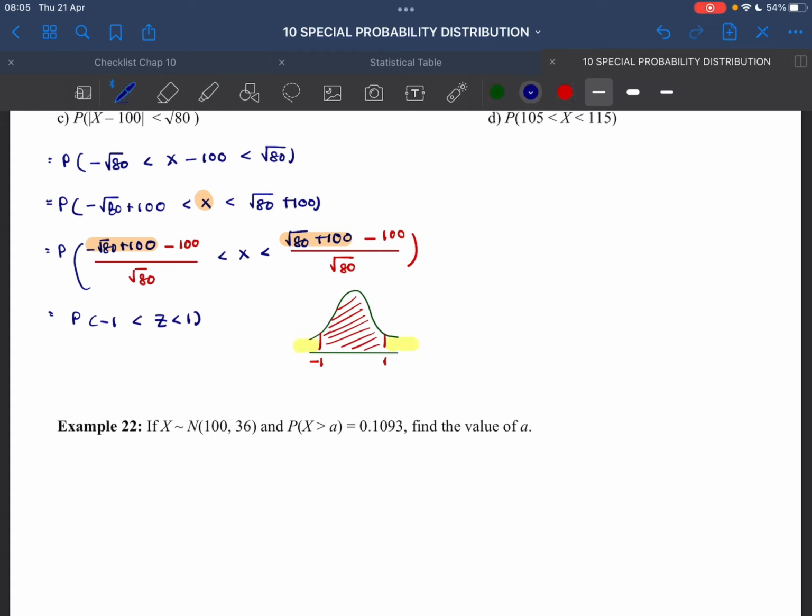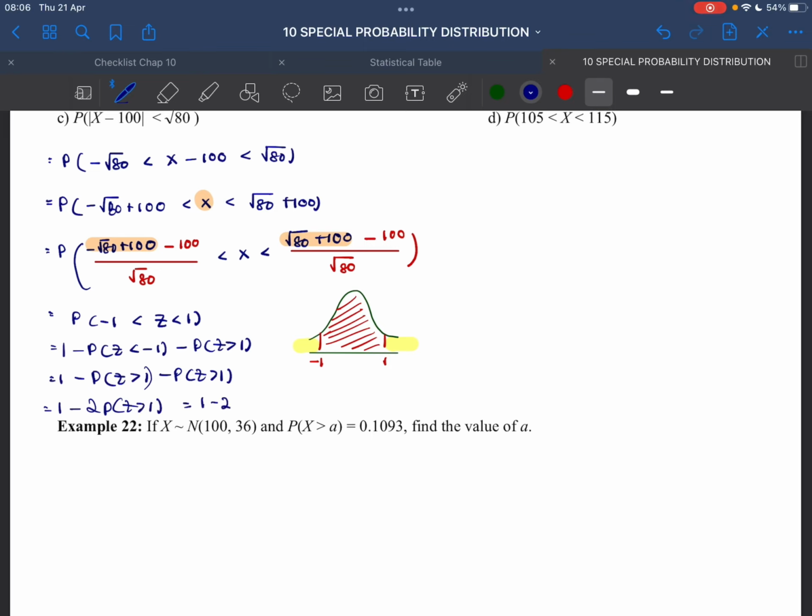So we should get 1 minus P(Z < -1) minus P(Z > 1). Okay, this one we can use table, but this one we have to change. So by using the first property, we have P(Z < -1) equals P(Z > 1). So we can simplify that to 1 minus 2P(Z > 1).